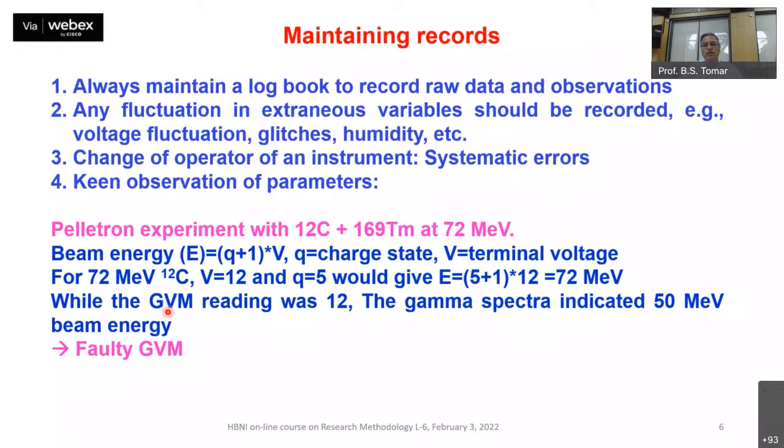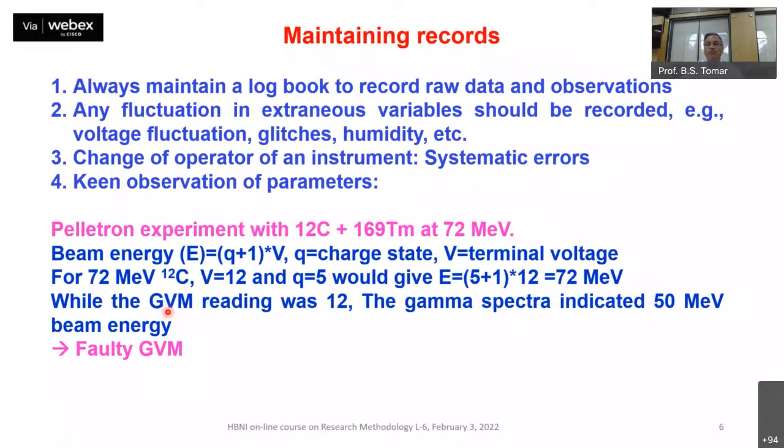Anyway, I was so convinced by the gamma spectra that I went back to the operator at night, about 12 midnight. I told the operator, your machine is not running at 12 million volts, though it is showing 12 million volts. Then he asked me how I am sure. I said, I am 100% sure because my spectrum is not giving me the products which I am expecting.